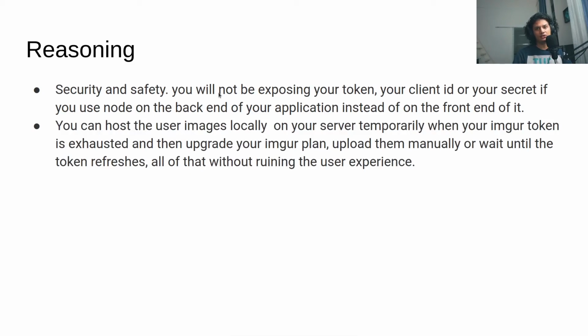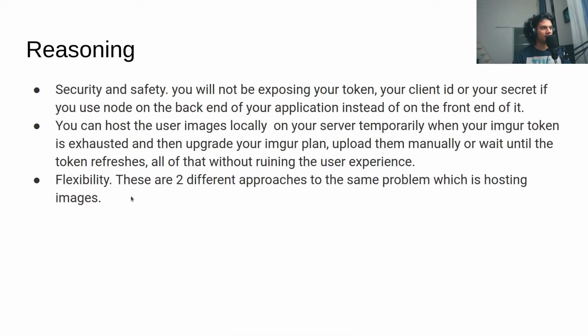Also, you can host your images locally on the server and then upload them later on to Imgur manually, or tomorrow or something like that, because Imgur doesn't allow you to upload that many images per day with your token. They have some limits, some caps.